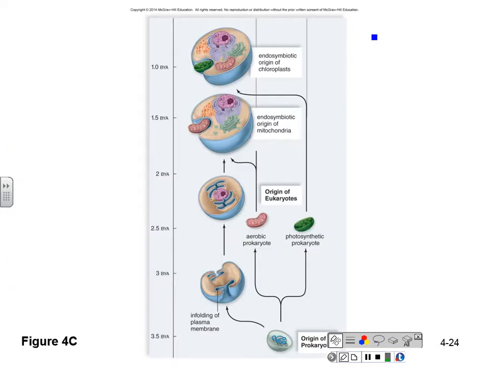I wanted to put in this endosymbiotic origin of chloroplasts and mitochondria, because both of these structures have two layers, an inner layer and an outer layer.